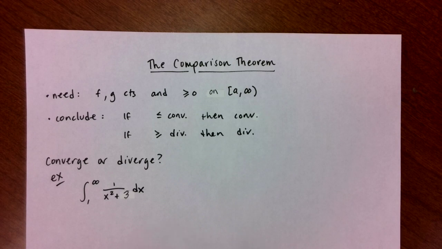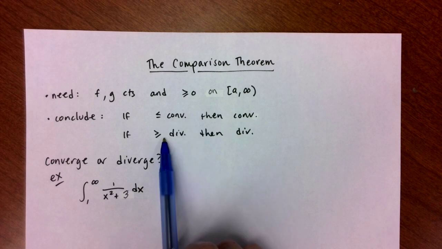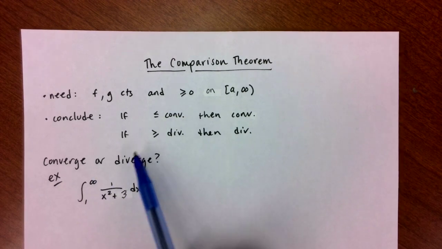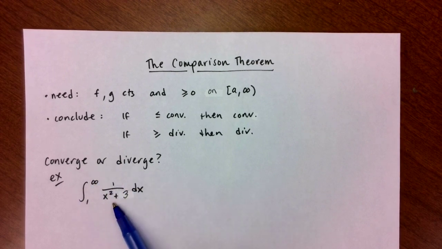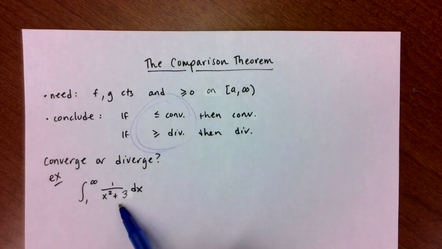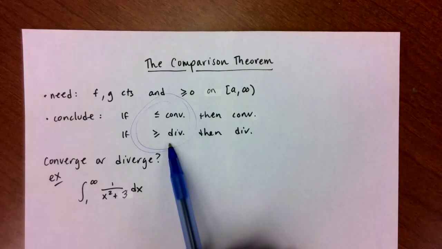Right. So these are two different situations that we would use this for. They each rely on us starting with an improper integral like you see here in my first example. This is like the agenda to actually determine converge, diverge. And then we want to compare our integrand to one that we already know converges or diverges.